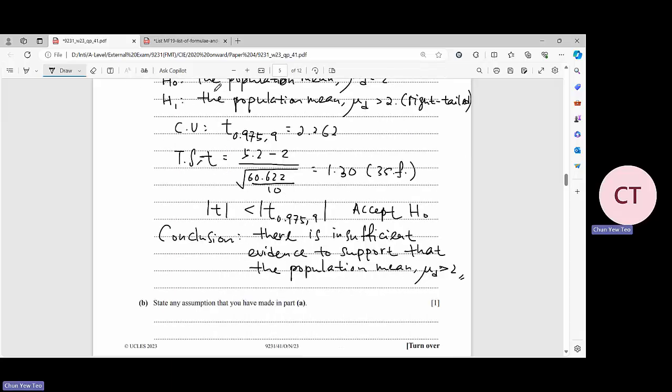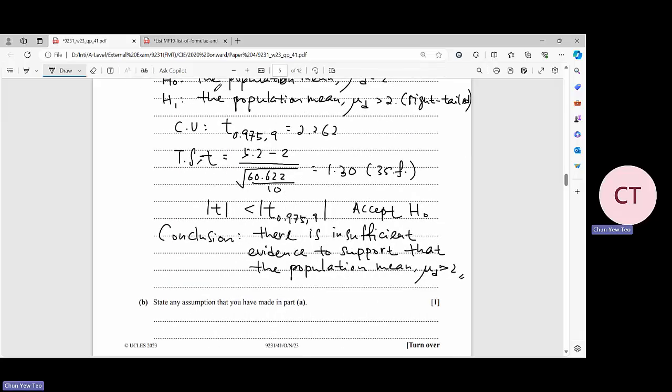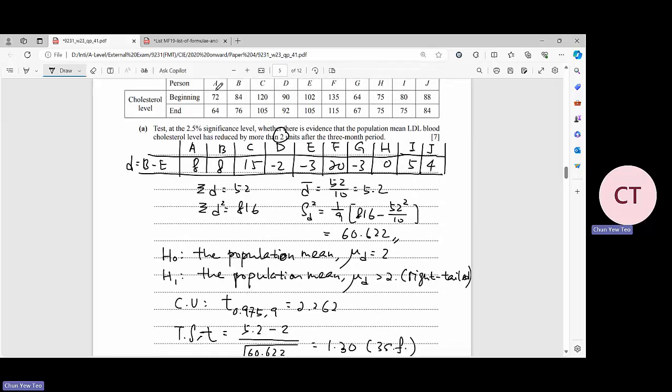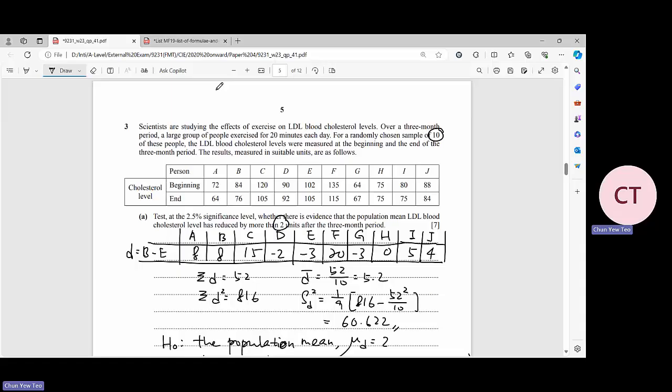Now we want to move on to part B. State any assumption that you made in part A. So for this question you can see that I'm using a t-test, but the question never mentioned normally distributed.